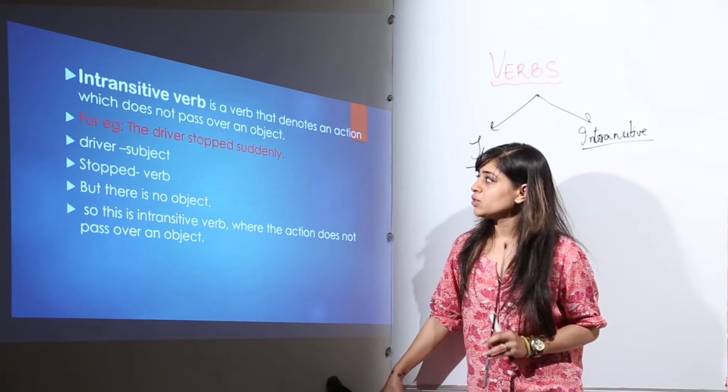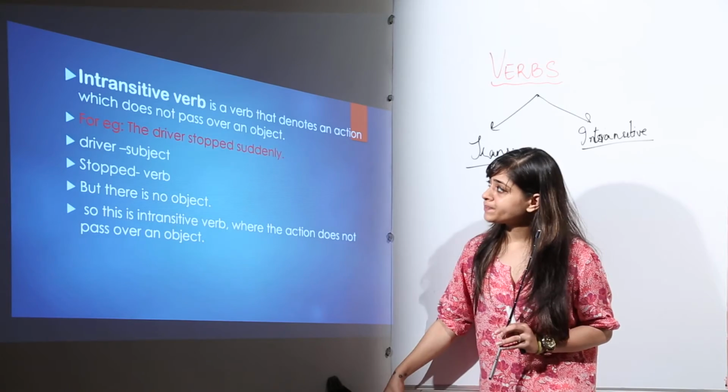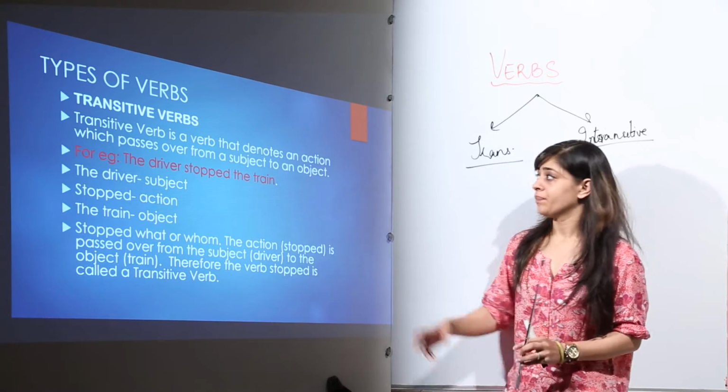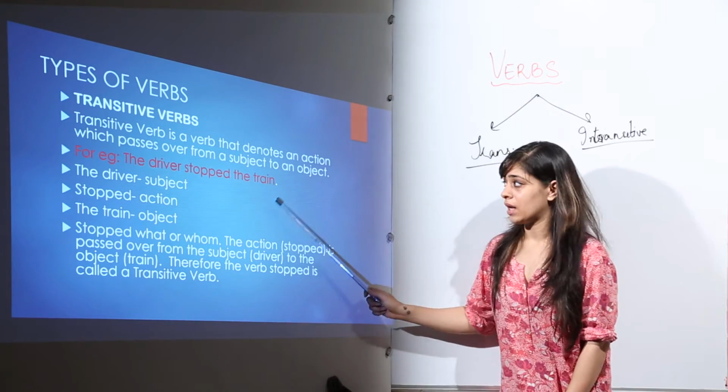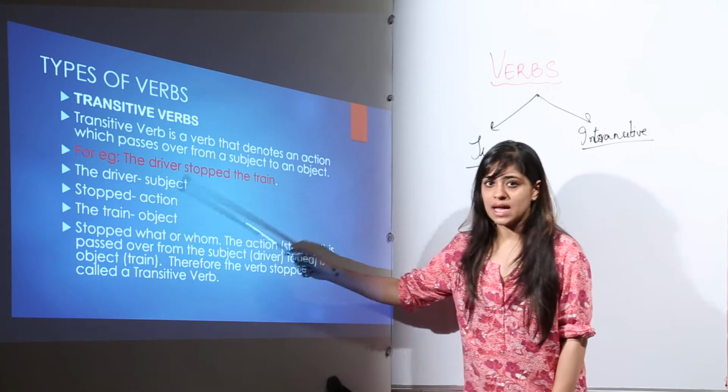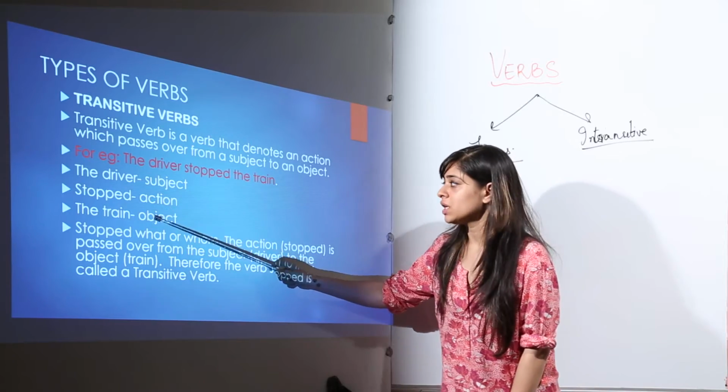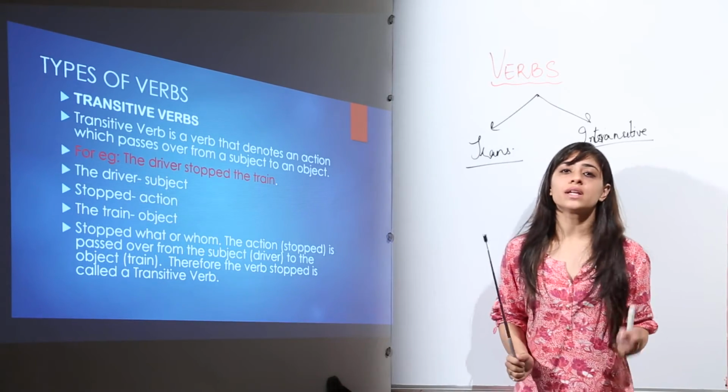Let's go back to the previous slide and understand the difference clearly. Here in this sentence, we had the driver stopped the train. The driver was the subject as usual, stopped the action, and here we had an object, the train.